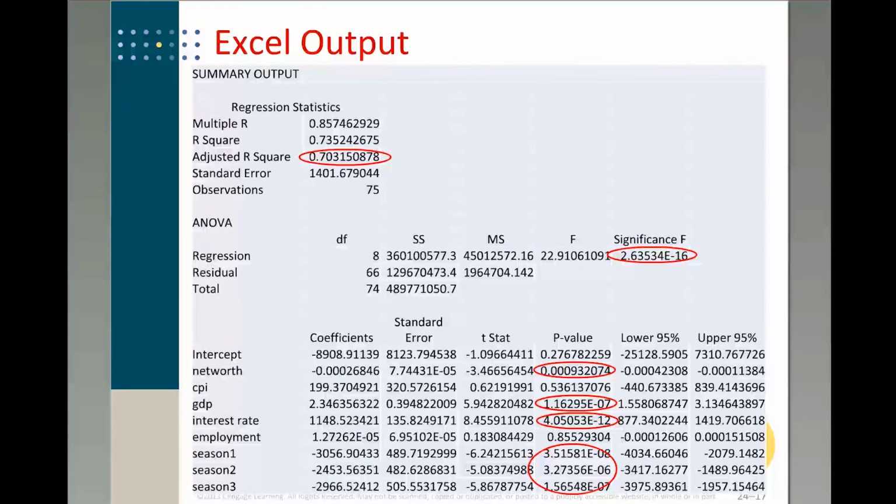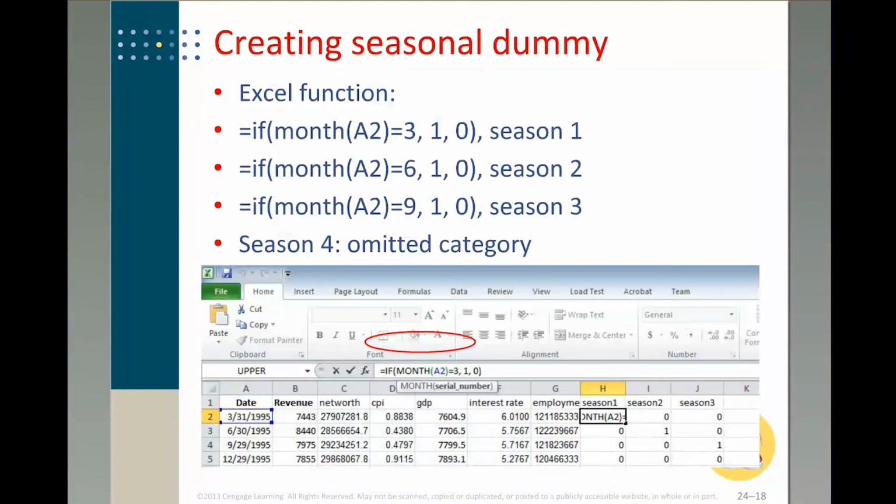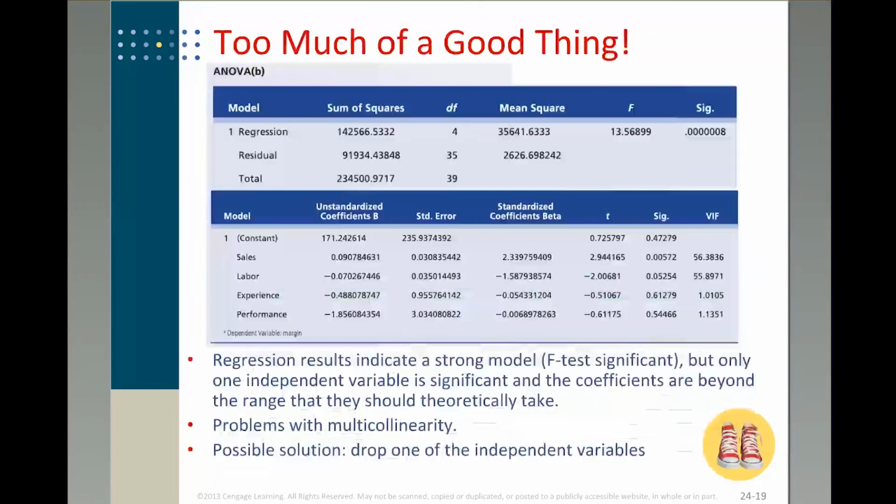And these are the p-values that are smaller than 0.05, which is 5%. And that also means these corresponding variables are significantly related to y. Again, just in case you didn't follow how the seasonal dummy is created, you've got the formulas here. Just type them in, hit enter, you will get the seasonal dummies.